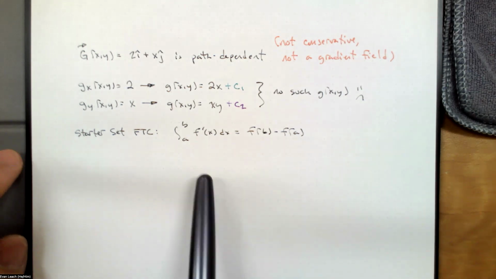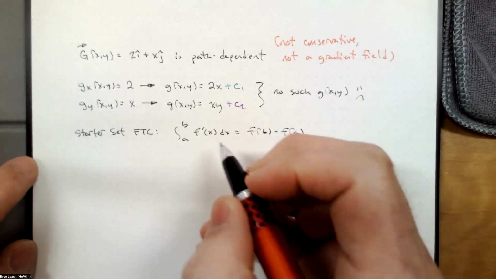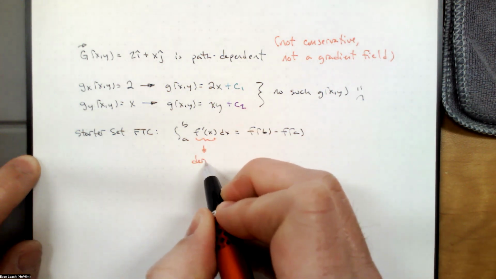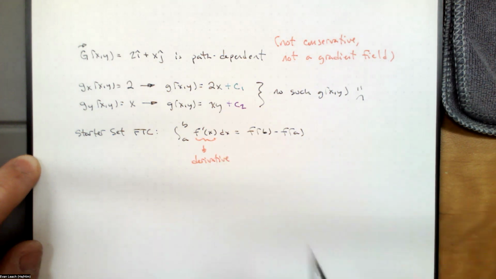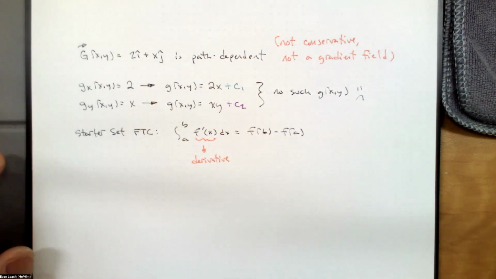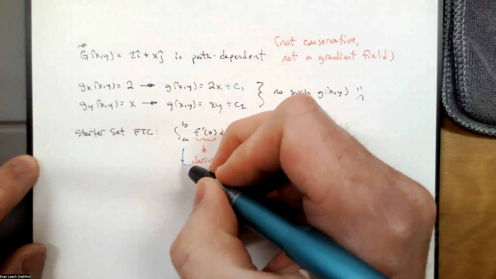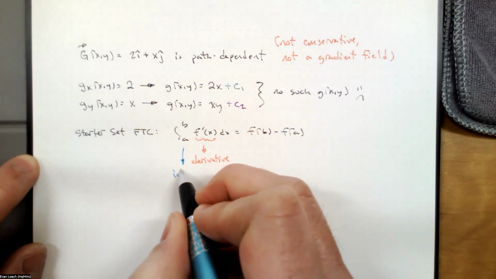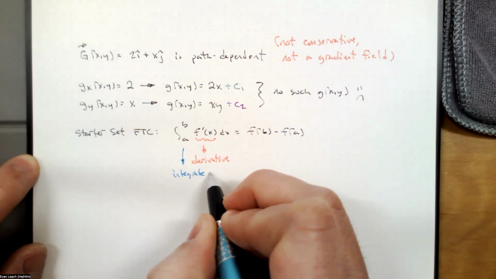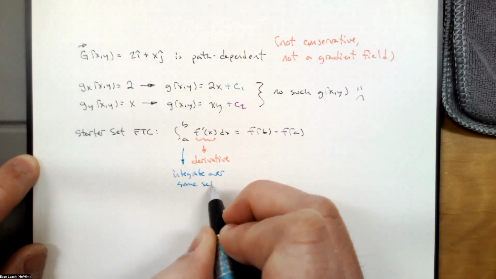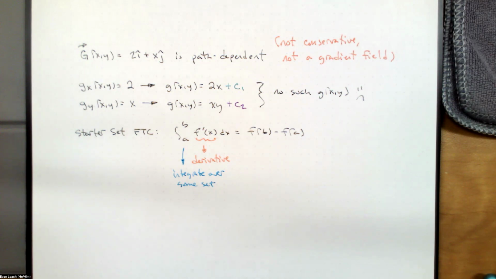So we're integrating the derivative over some set, and what we end up doing is evaluating the function at the endpoints.